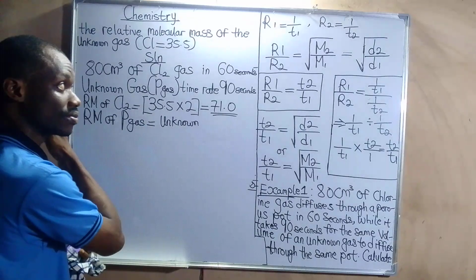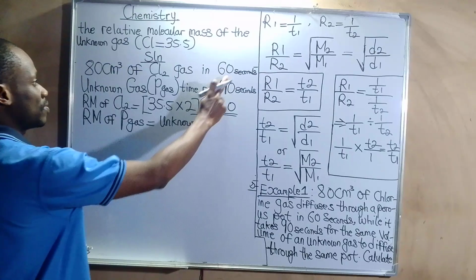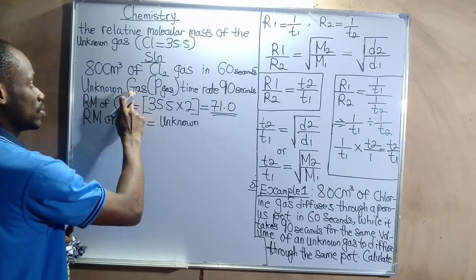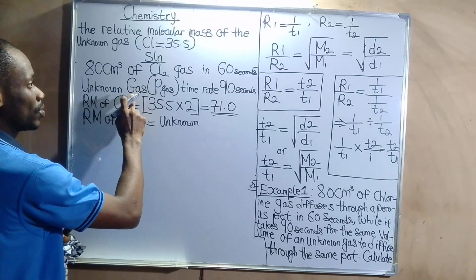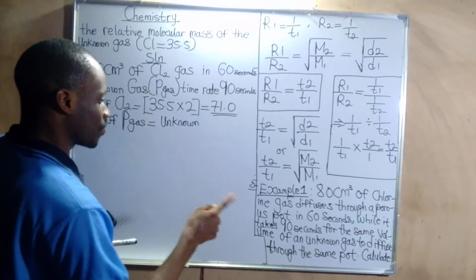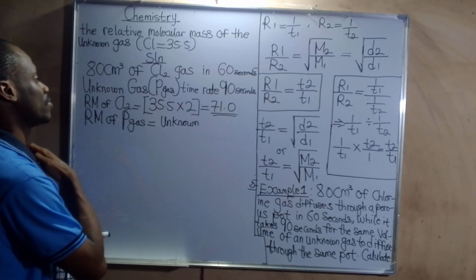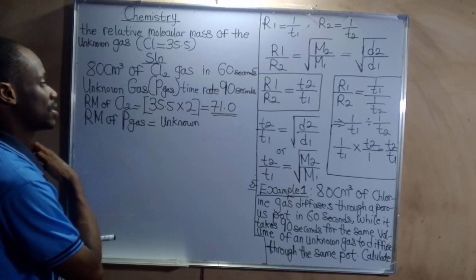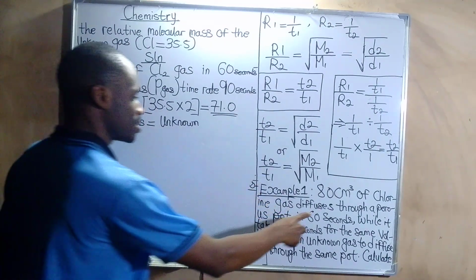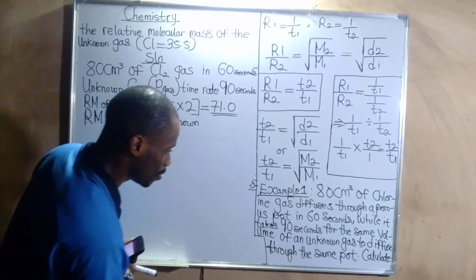So using the formula, what were we given? We are given the volume, we are given time. We're not given the volume of this, but look at this again, it said it takes 90 seconds for the same volume of an unknown gas.